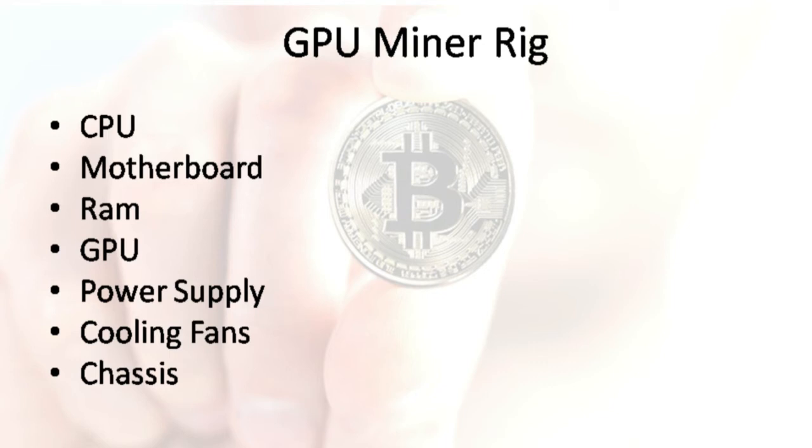Typically, we want to expect one with 4 to 6 PCI Express slots available, but of course, the more the better. Note that even a PCI Express X1 slot would have enough bandwidth for what we need. As for the RAM, I would say 8 gigs usually would be okay for the GPU miner rigs, and the RAM speed doesn't really matter for our application.